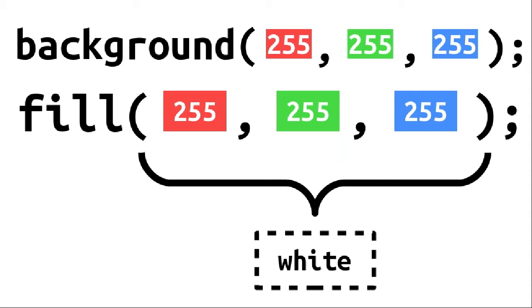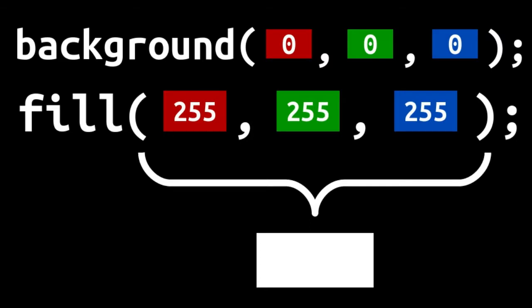Anything to do with colors is going to be using RGB values when we work with our code. Let's give our background a different color. Here we gave it all 0 for black. I hope you're getting the picture so far.